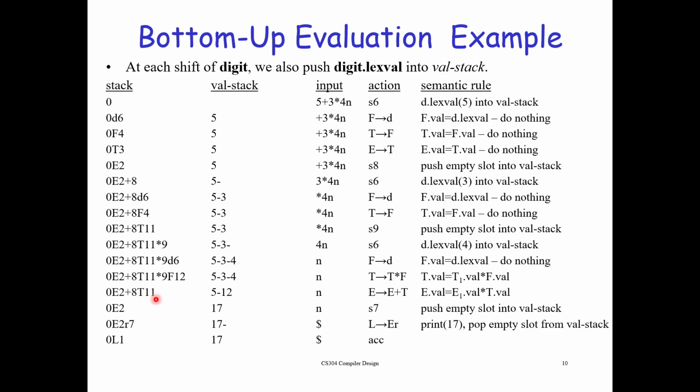Again observe that you reduced using the production T gives T star F. The rule corresponding to that is T dot val equal to T1 dot val star F dot val. That means whatever the values are, they are to be multiplied. So how will that be made known to the stack?